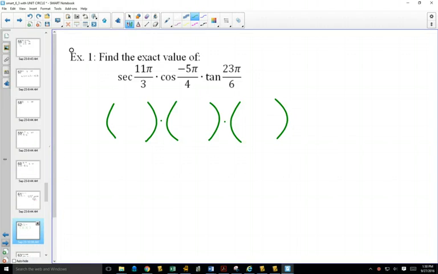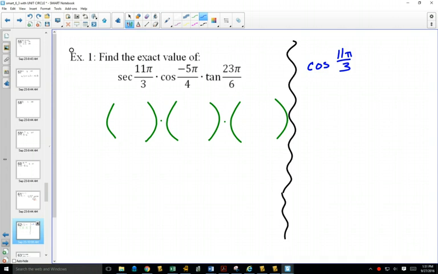For secant 11 pi over 3, I'll just split my page up here and show my work off to the side. So to figure out what number I'm going to put into there, I'm going to think about cos of 11 pi over 3. We know that that's part of the pi over 3 family.